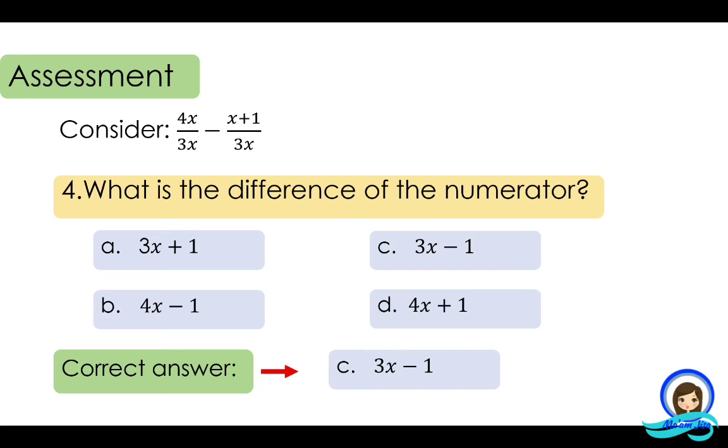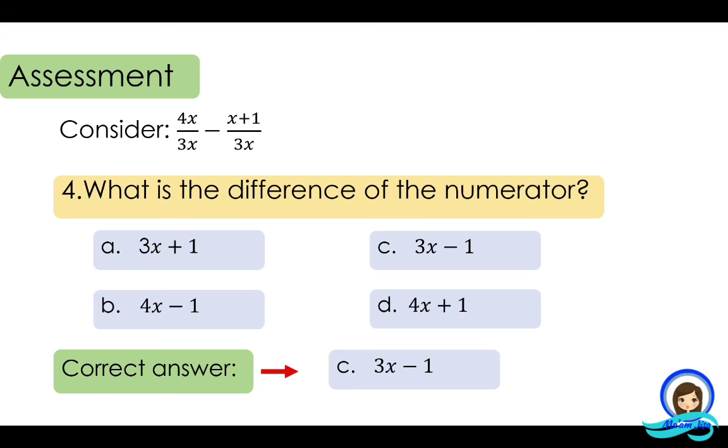So 4x minus x minus 1. Therefore, 4x minus x is 3x and copy negative 1. So the final answer, or the difference of the terms in the numerator, is quantity 3x minus 1. Yay! Congratulations for all of you who got a correct answer.